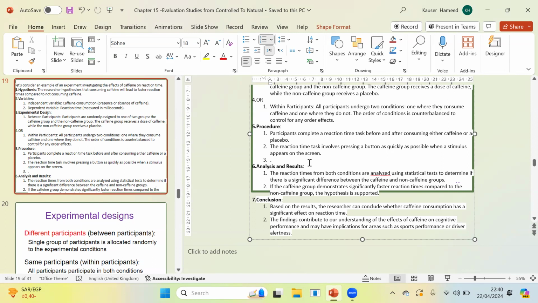Hence, you can conclude that drinking coffee can be advised, wherein it has something related to cognitive or energetic performance, like in sports or in driving alertness. So, this is an example of an experiment.